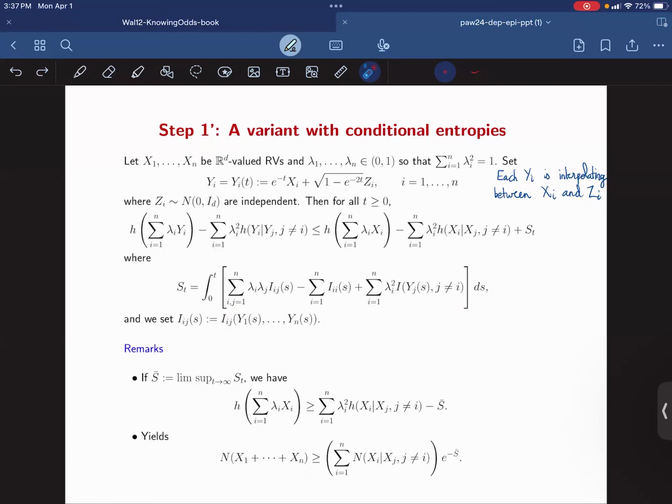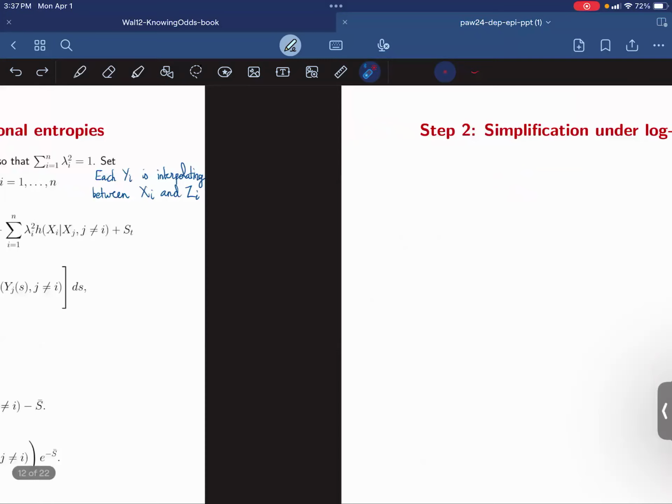I haven't introduced all these things yet, but these are basically various Fisher information quantities associated to our random variables of interest. Maybe I should expand on that now.